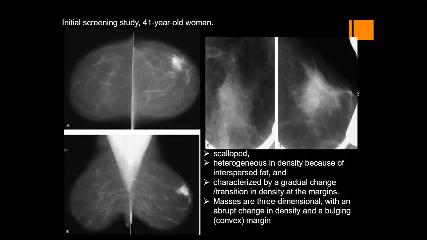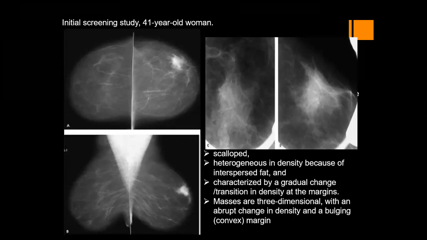Yes, invasive ductal, not otherwise specified. And it will not be papillary or medullary or this specific type. It will be the invasive ductal, not otherwise specified.